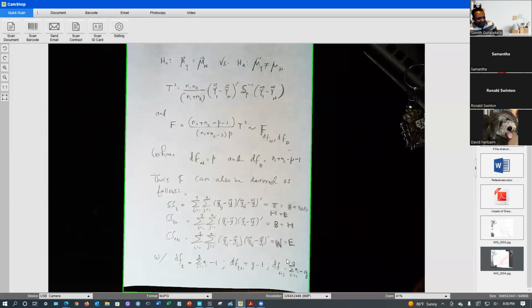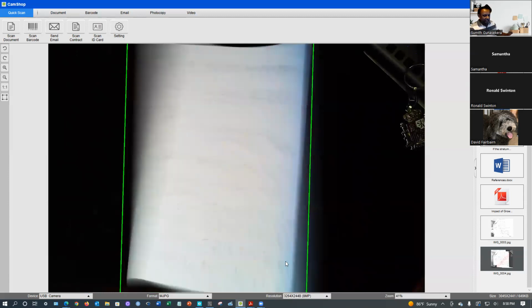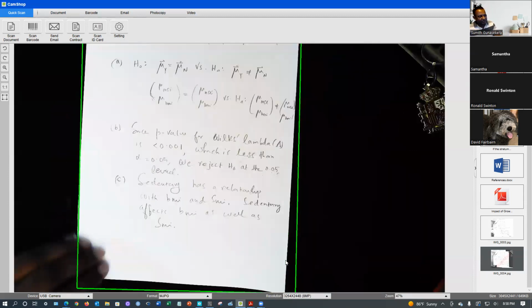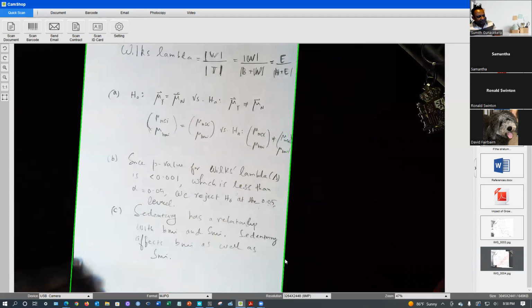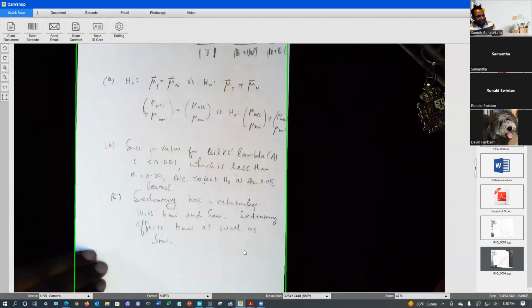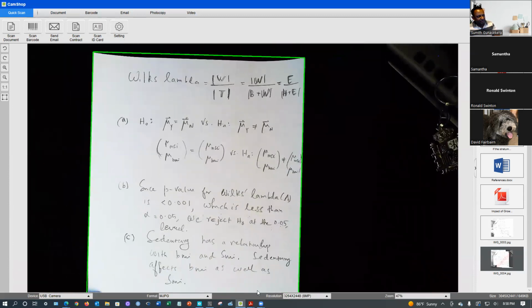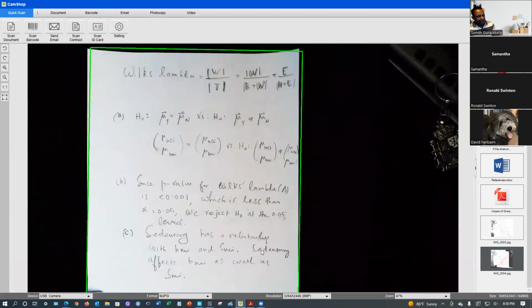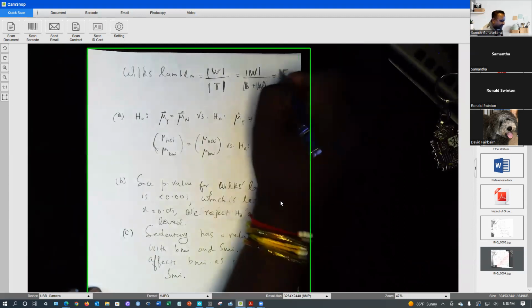When you have that, you can go straight to Wilks lambda. In the multivariate case, we use Wilks lambda. Wilks lambda is W over the total, W over B plus W, using the determinants, that is, the magnitudes of these matrices.